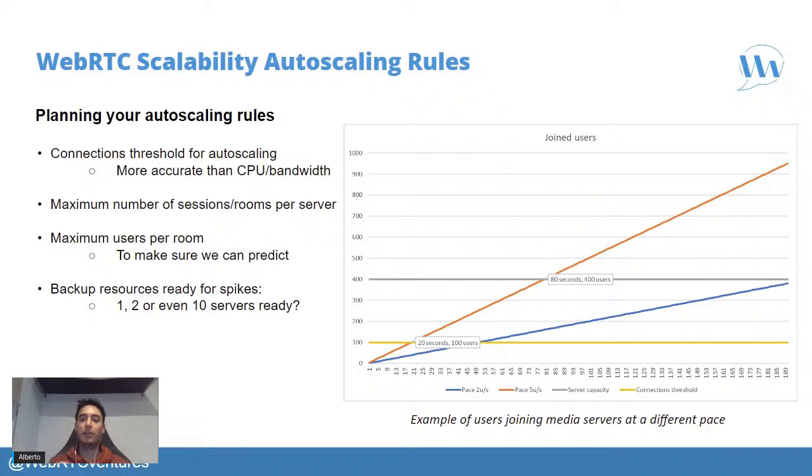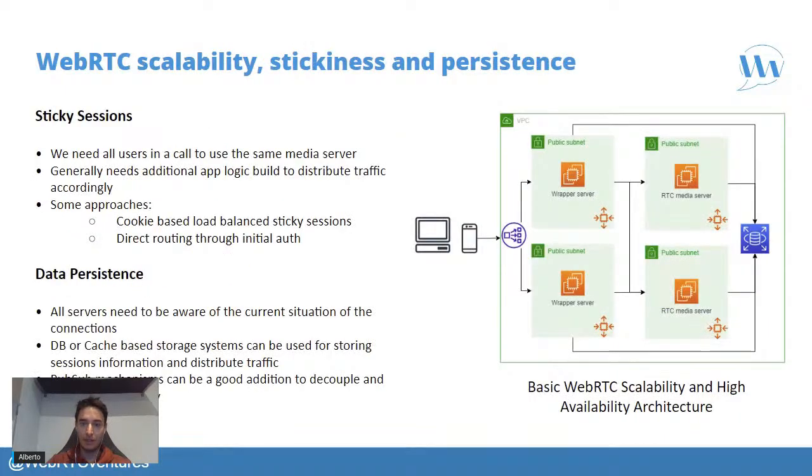So based on that, you can decide how many servers you need to be ready. So when we reach capacity, the new server is available, and we don't have users that are not able to join a room. So there is a little bit of basic math there, but that's one thing to take into account.